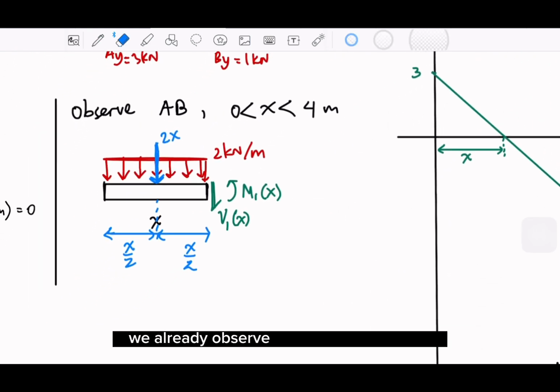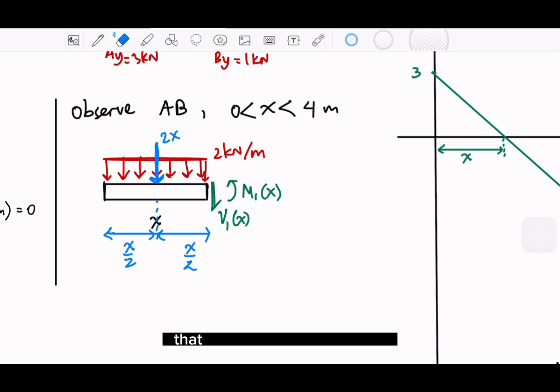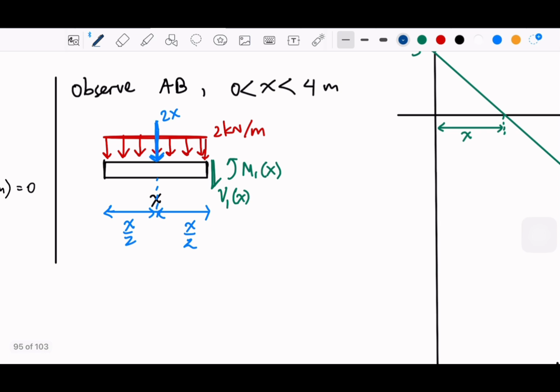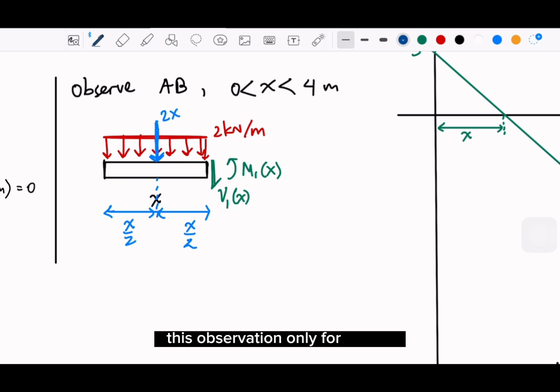We already observed that we have a piece between 0 and 4. What we can do is take this into our statics, only for this segment AB.